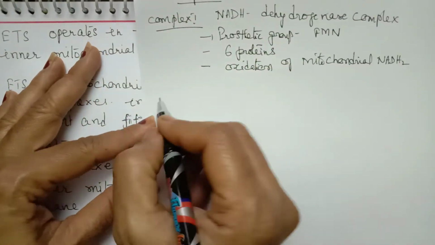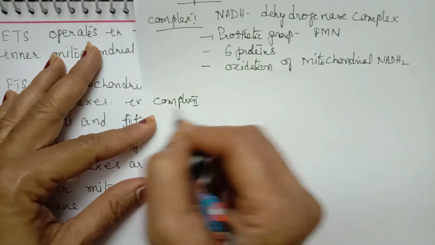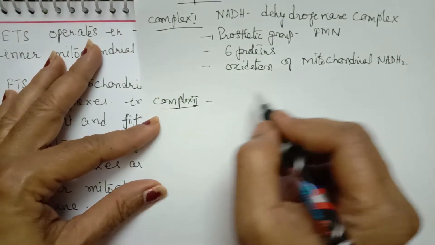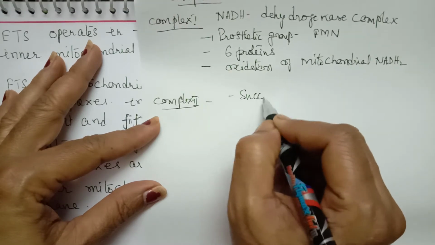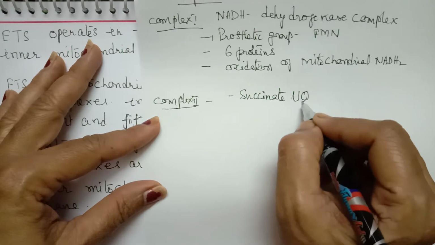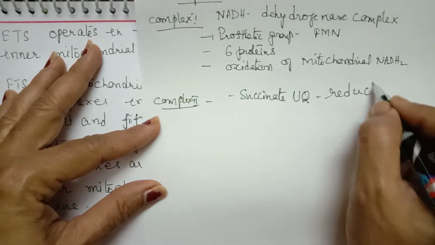Now the second complex, complex 2, is called the succinate ubiquinone reductase complex. UQ means ubiquinone.